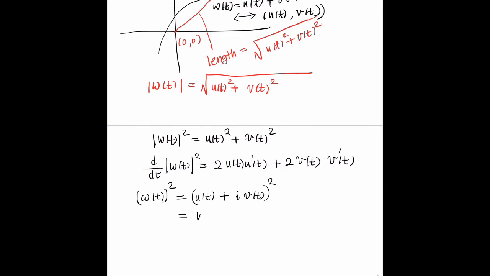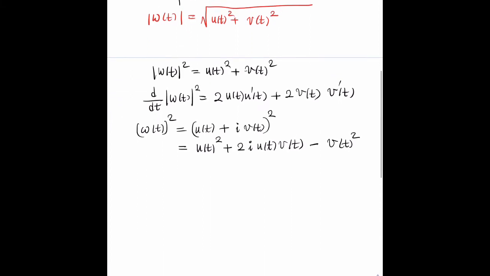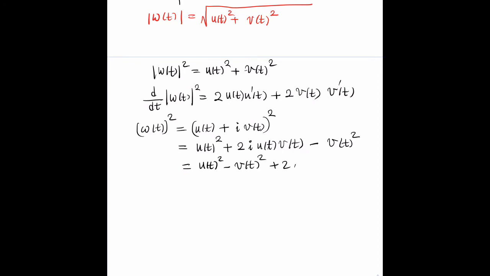So u(t) squared plus 2i u(t) v(t) minus v(t) squared. Let me rewrite this: u(t) squared minus v(t) squared plus 2i u(t) v(t).